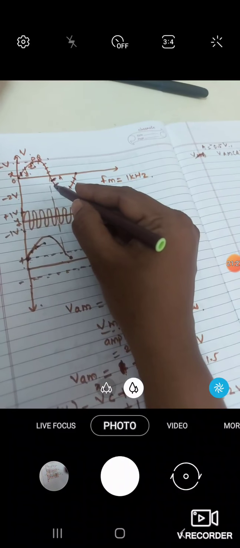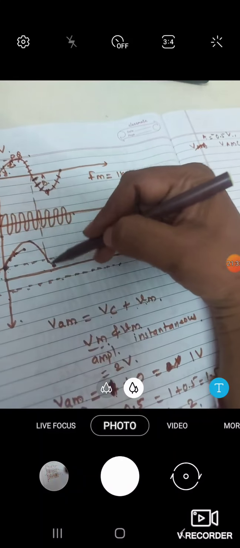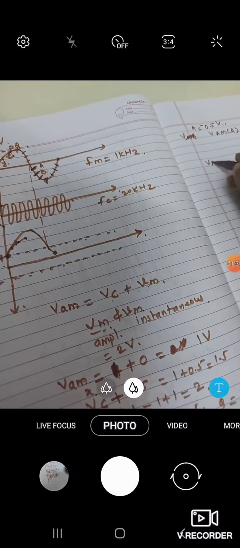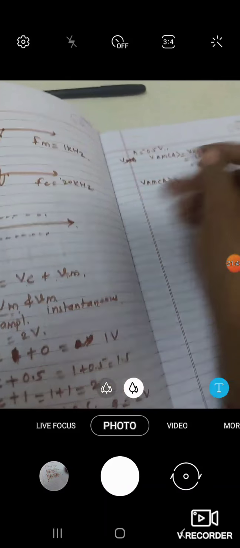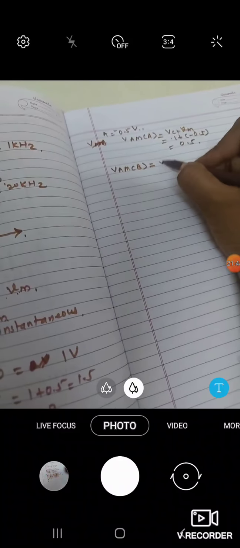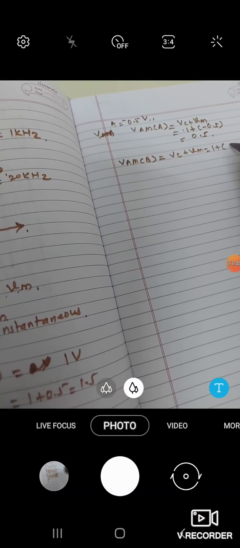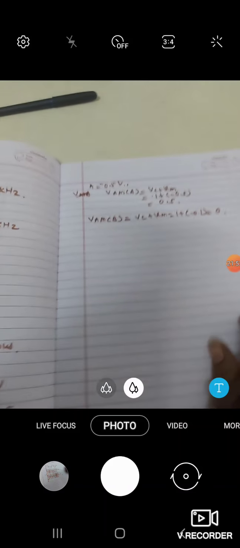Next, when its value is 1 volt, let us say this is point B. So at point B this value is minus 1 volt. So how will you calculate the value of Vam? Vam at point B will be given as Vc plus Vm. So it will be 1 plus minus 1, that is equal to 0.